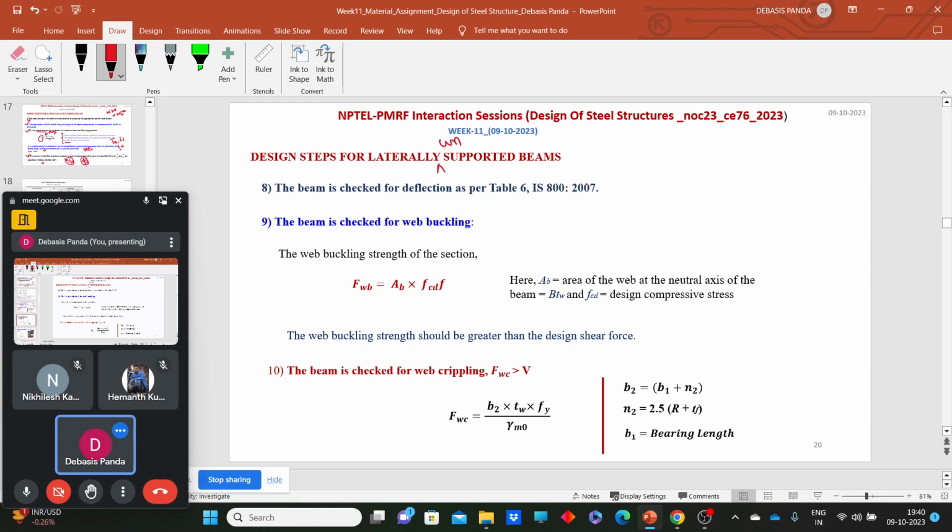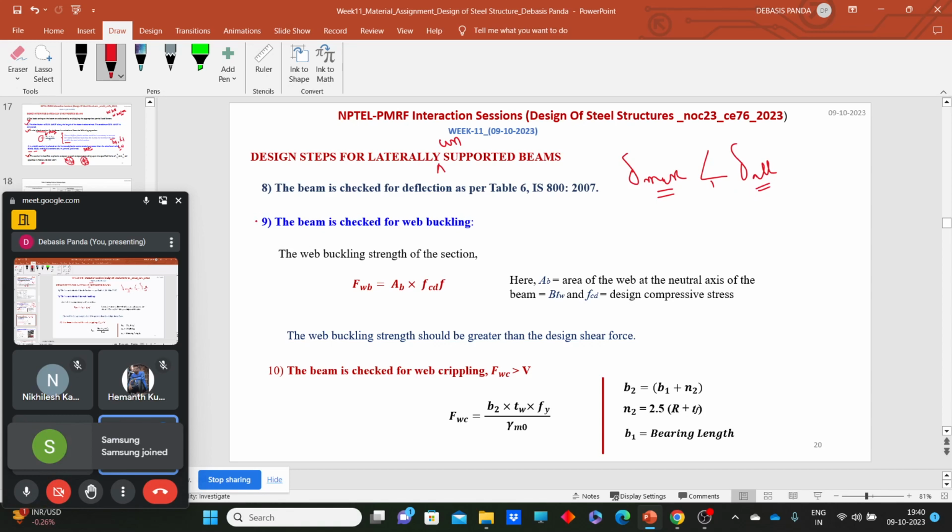So first we need to calculate delta maximum, which depends upon the load and the support condition. Then we need to calculate delta allowable from Table 6 with respect to which kind of member we are considering. Then if delta max is less than delta allowable, your section is okay.